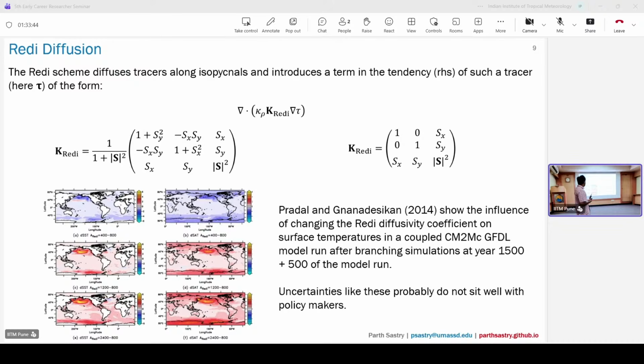This was a much larger model run. So what they did was that they had 1,500 years of a model run with a constant diffusivity, which was the same across all of these. And then they changed the diffusivity and ran for an additional 500 years and then saw how the patterns changed. So this is essentially a tendency after year 1,500 of the model run.